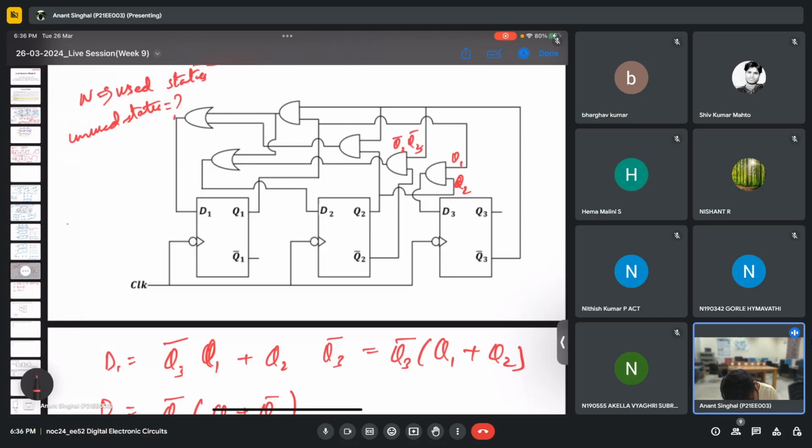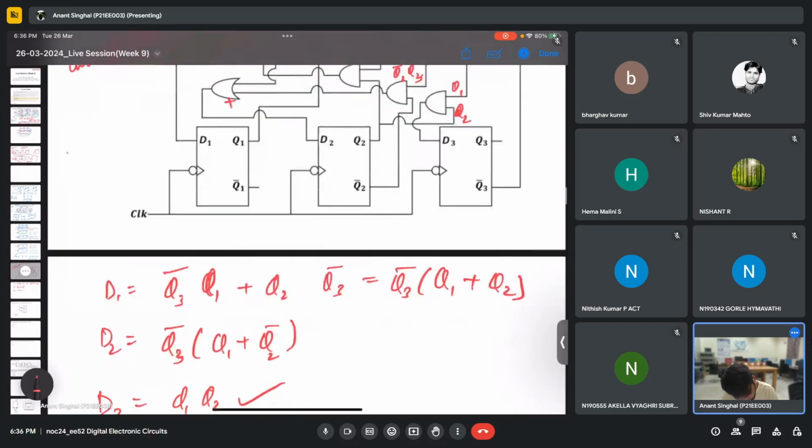So this end is giving one thing here, and this end also I'll check, Q1 and this is Q3 bar. Okay, Q1 plus Q2 bar. So D2 is also correct.